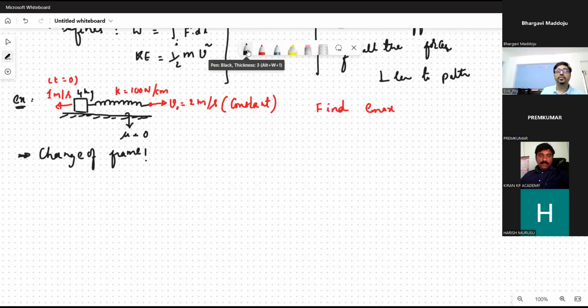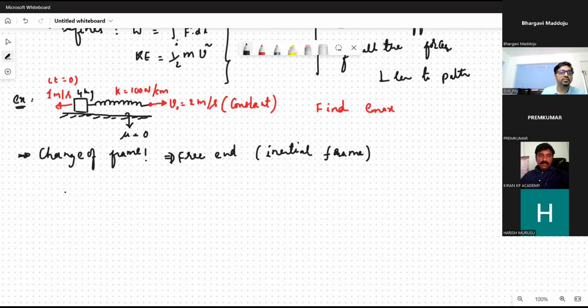Preferably, I would like to see if there is any inertial frame, meaning the one which goes with a constant velocity. Luckily here, this free end is going with constant velocity. So I can take the free end. That's the advantage here, because it is an inertial frame. Whenever I'm dealing with an inertial frame, the problem is much simpler because no pseudo forces are involved, and the problem becomes definitely easy when you go for change of reference.